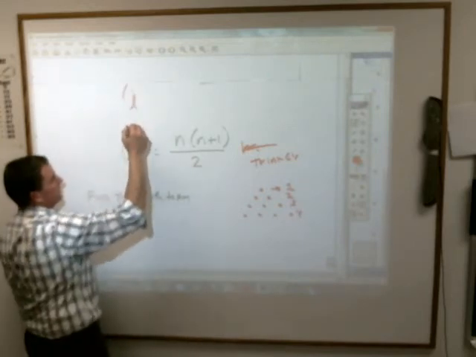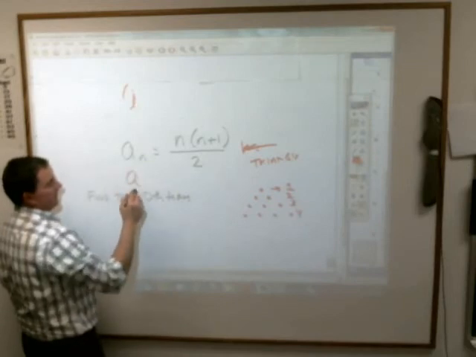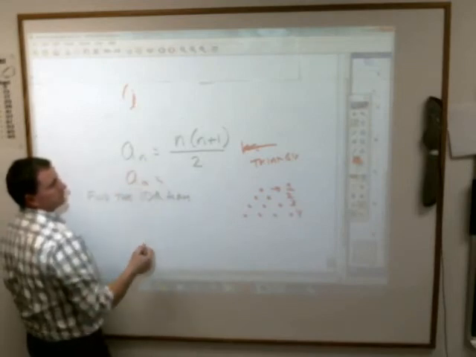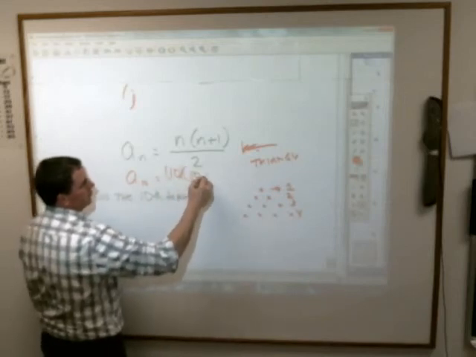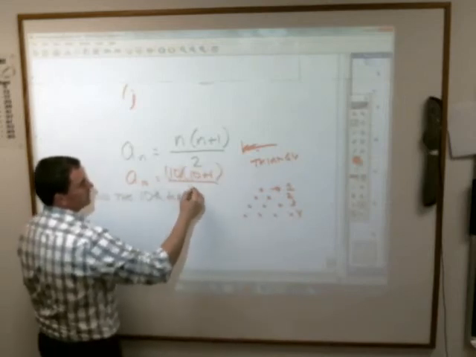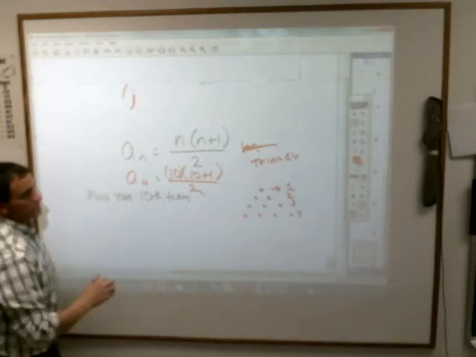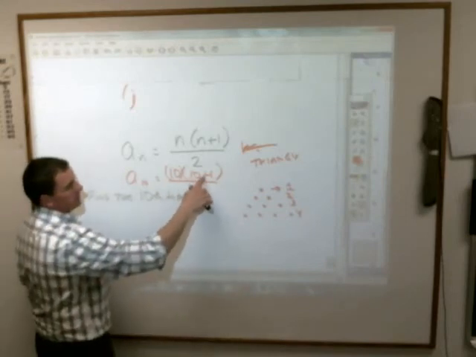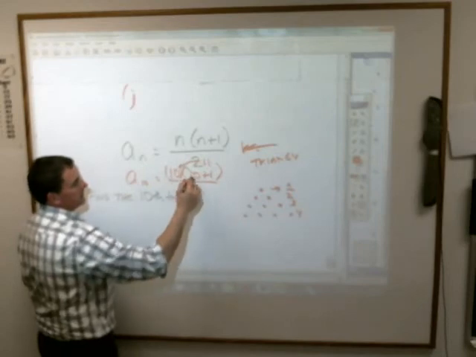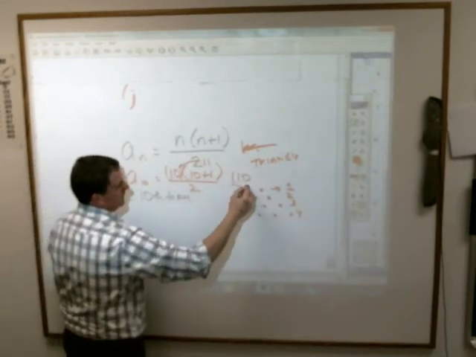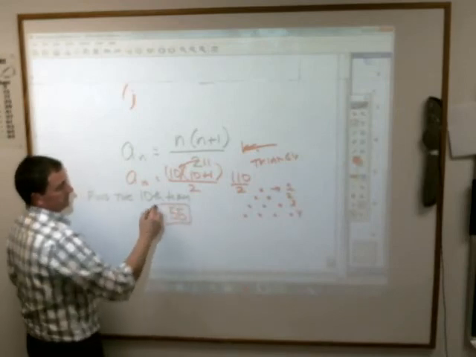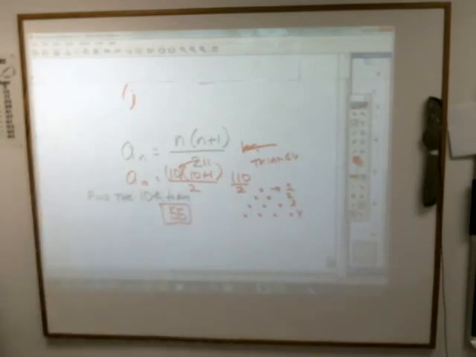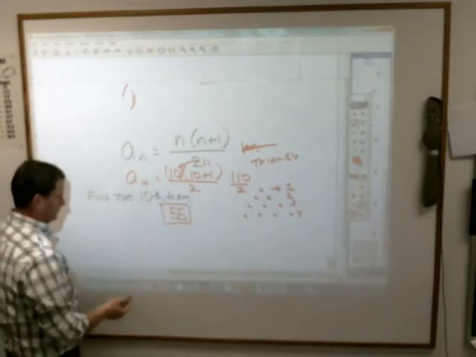You need to fill in the blanks here. a sub 10 equals 10 times 10 plus 1 over 2. 10 plus 1 is 11, times 10 is 110. 110 cut in half is 55 pins. Now, somebody had a question over there?